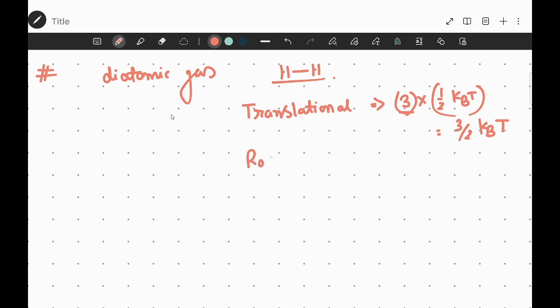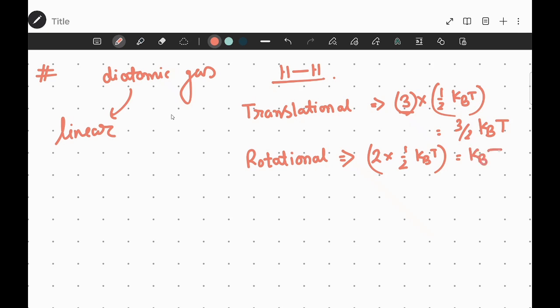Now coming to rotational, 2 into half kBT, because it's a linear molecule, since diatomic means always linear. So it is essentially kBT.